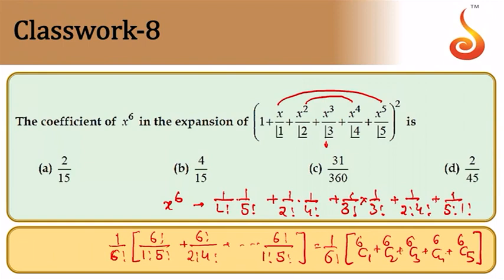So 1 by 6 factorial, 6c1, 6c2, 6c3, 6c4, 6c5. It's a simple one. a plus b plus c plus d plus e plus f, we are squaring it. We get the same thing.